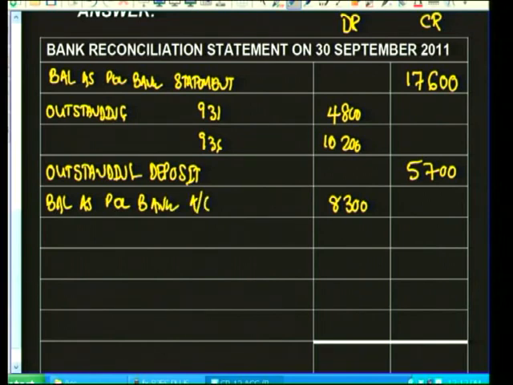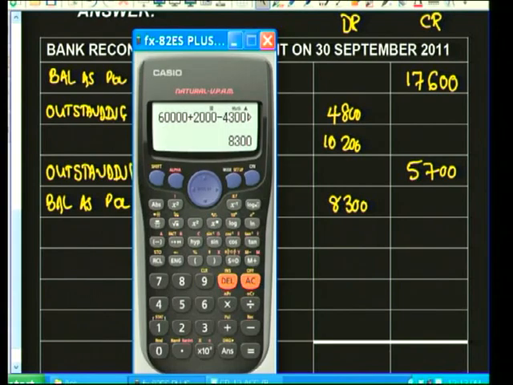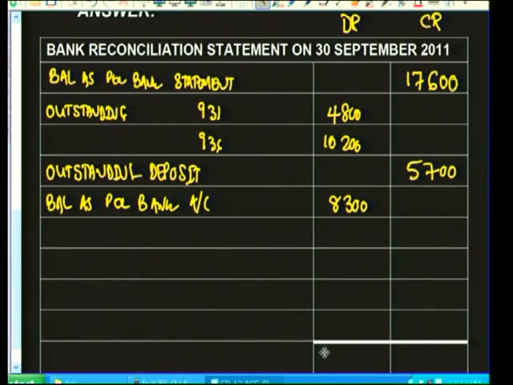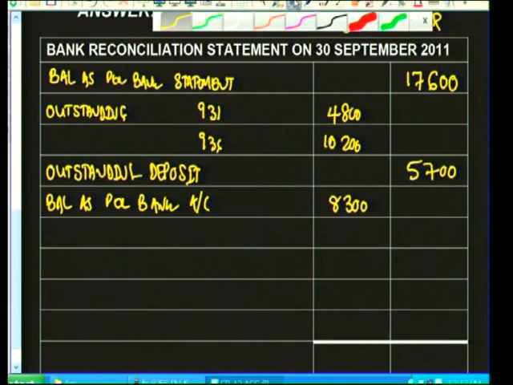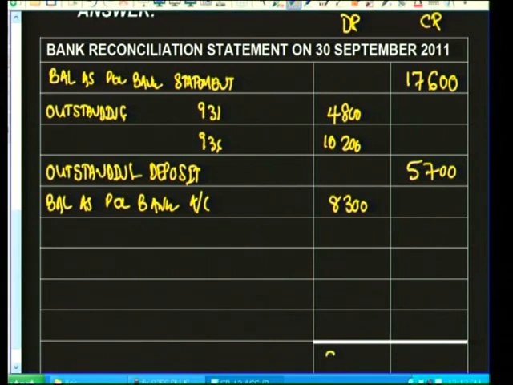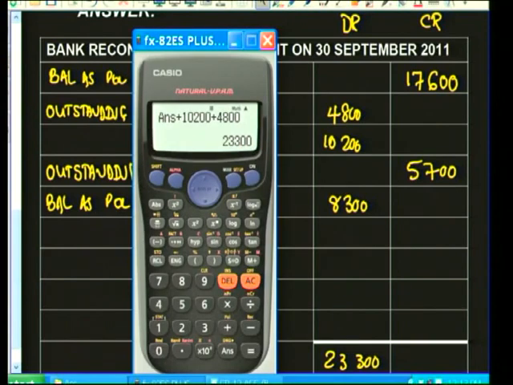And now let's add 8,300 plus 10,200 plus 4,800 gives me a figure of 23,300. 23,300. Let's check on this side here. What figures do we have there?